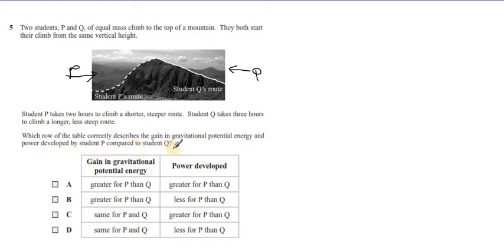compared to Q. Okay, so regarding the gravitational potential energy, both are reaching the same height, and gravitational potential energy is mgh, and the mass of both students is the same, that means their potential energy only depends on height.